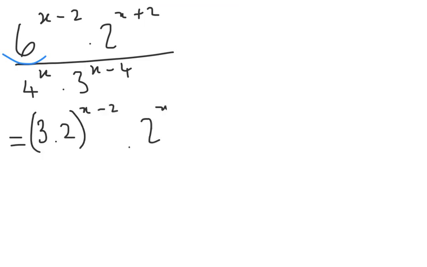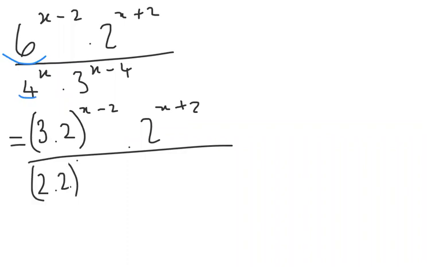2 is as simple as what we can get. Let's take this 4. 4 equals 2 times 2. Let's leave that to the power x for now. Let's leave the 3 to the x minus 4 for now. Maybe we can just simplify everything in one go. So now we have something like this. So now let's simplify this.